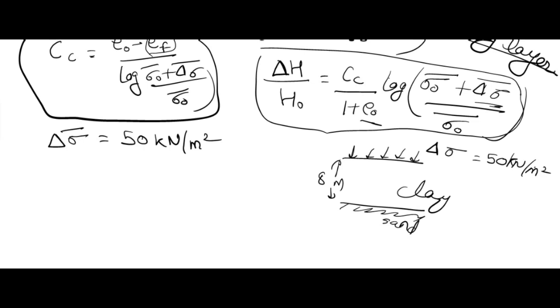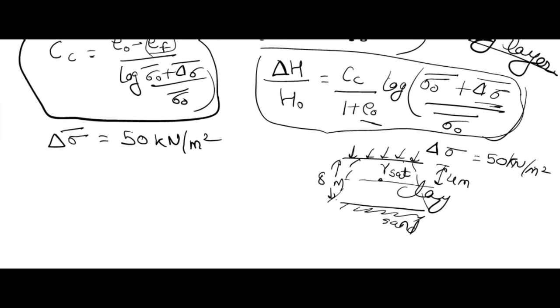Okay, so for that the stress increases at a 45-degree angle. Here at the center, that means at 4 meter height, what will be the stress? The soil is fully saturated, hence it will be gamma sat, the unit weight of the soil.